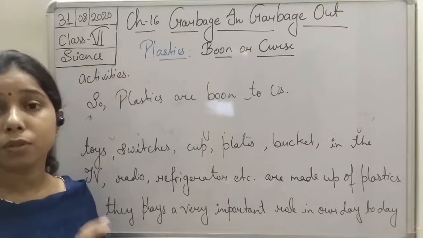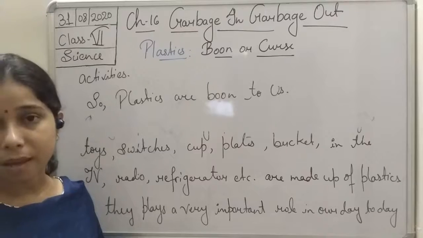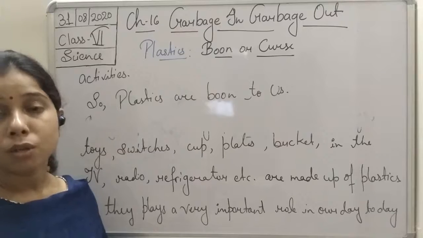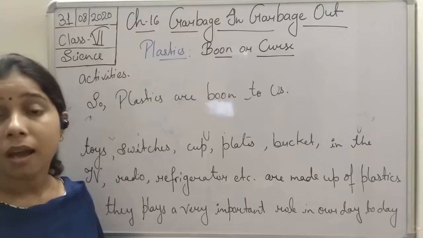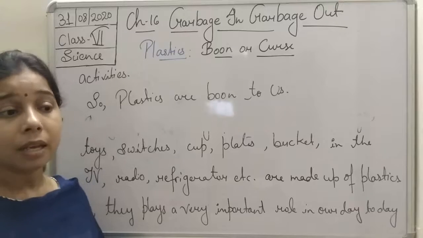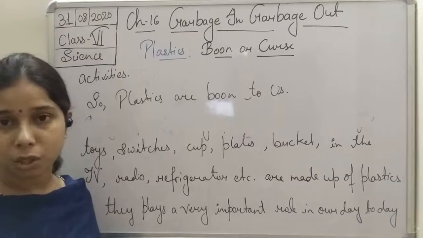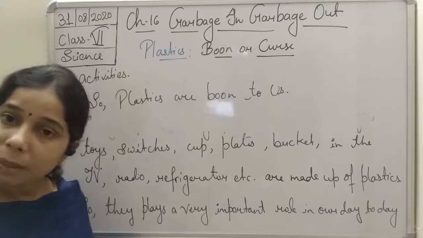If the drain pipe is choked by a plastic bag, it will not allow water to pass through it. And thus finally, it will cause a flood-like situation at that particular place.